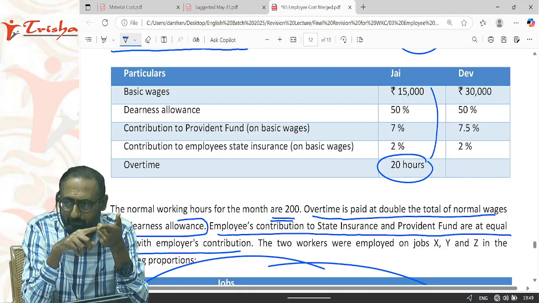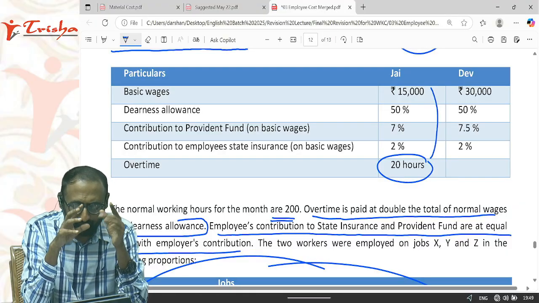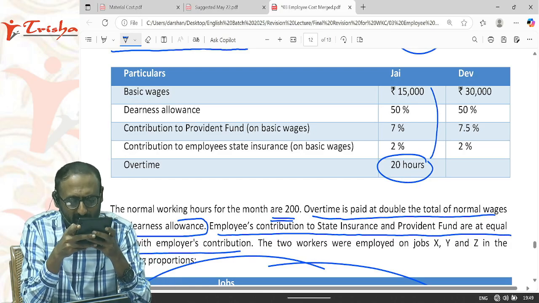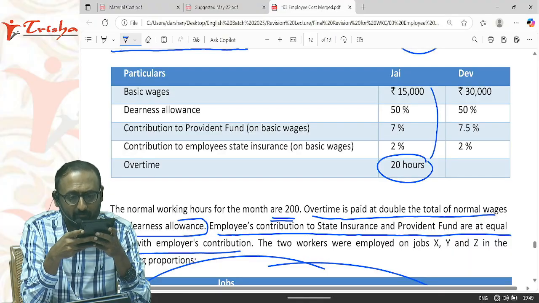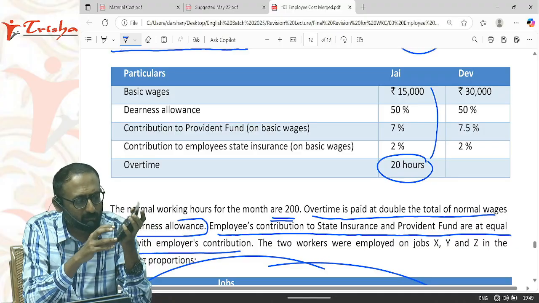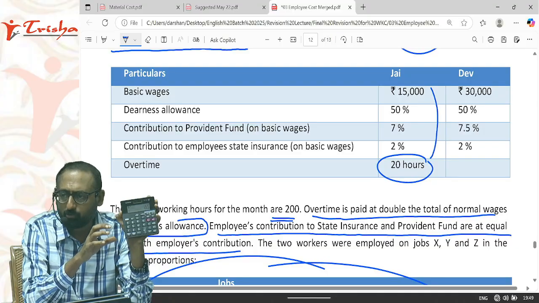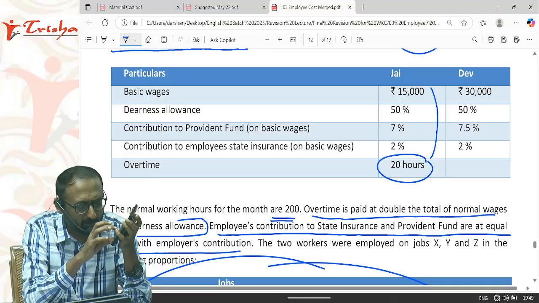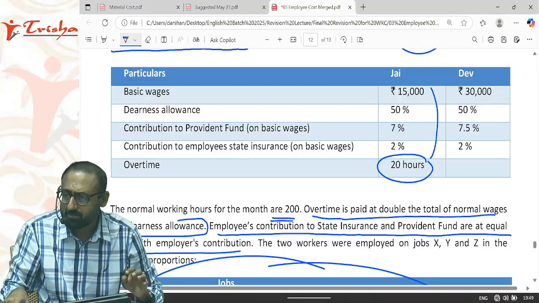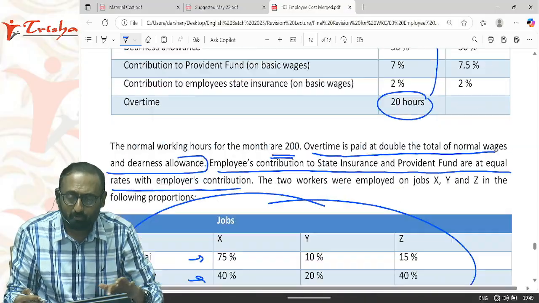Correct, guys? 22,500 divided by 200 hours is 112.5. Double the normal rate into 2 is 225 rupees, multiplied by 20 hours. So 4,500 will be the total overtime wages. Yes or no?